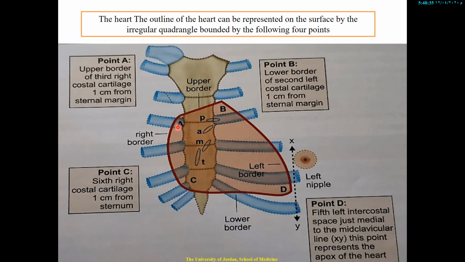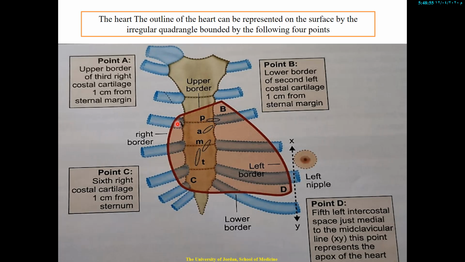So 2 points, easy. The first one is the upper border of the third costal cartilage on the right side, of course, and the second point is the lower border of the second costal cartilage.